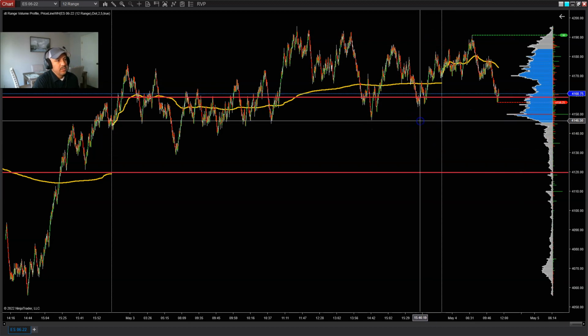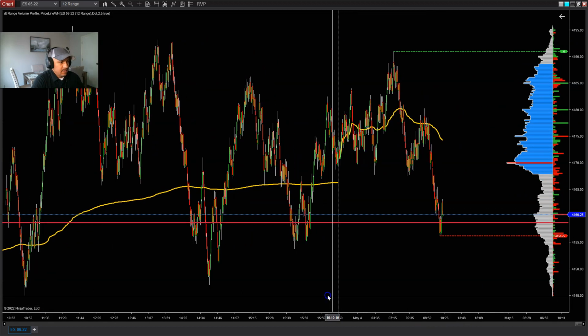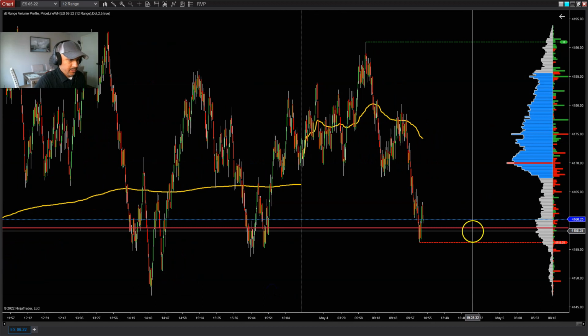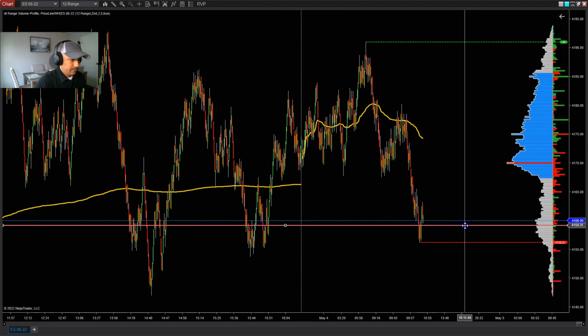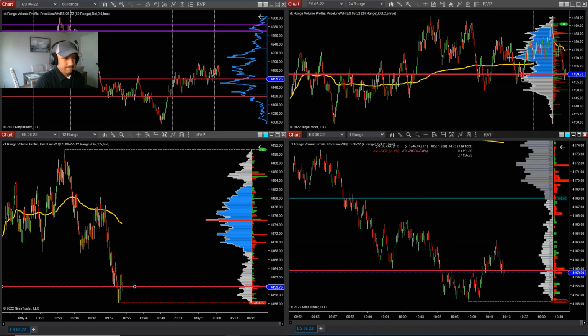Okay, so let's see what the market's going to do. I'm not sure. It hits this area here, breaks back into it, and it's breaking lower.